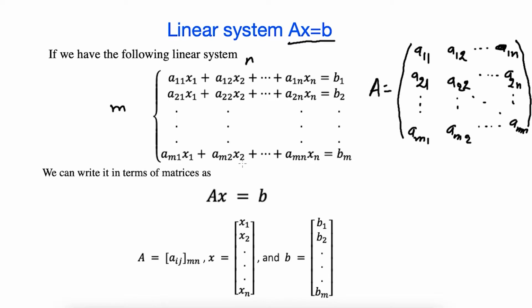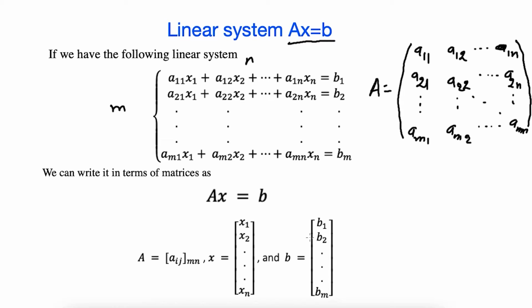So this matrix will be a matrix of m rows and n columns. And the vector x here is the vector of unknowns: x1, x2, and xn. So this column matrix or vector will have n components because it equals the number of unknowns, n, and the vector of the constants, b.